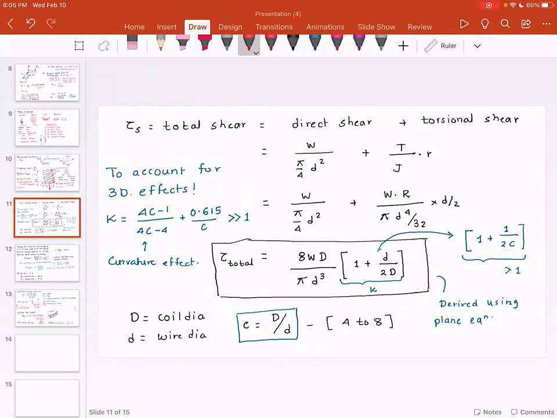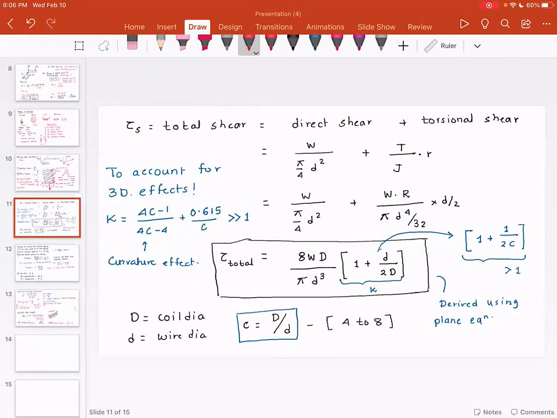The equation that we derive is based on simple mechanics of materials equations. But if you want to take into account the effect of curvature, then we have to consider something called the Wahl's factor. The purpose of the Wahl's factor is to amplify the total effect of stress so that it correlates with the actual stress. And again, this is an empirical relationship.